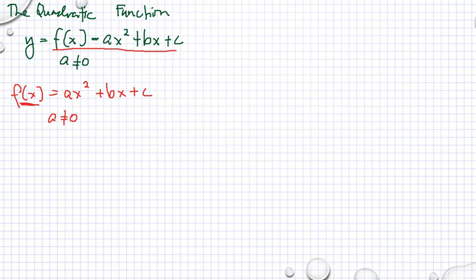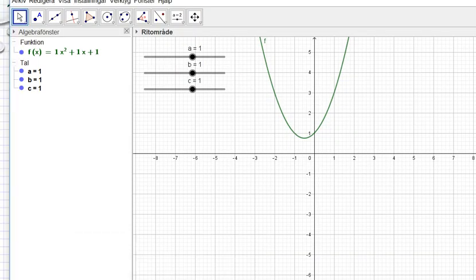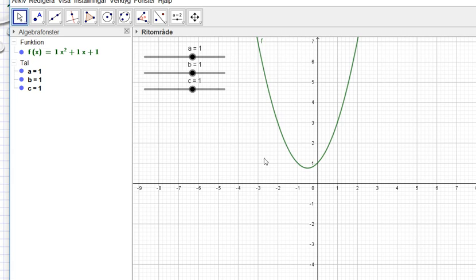Okay, and there are terminologies that you're going to learn from this series of videos. To start with, I'm going to use GeoGebra to show you with my sliders here how this graph changes when I change the value of a.